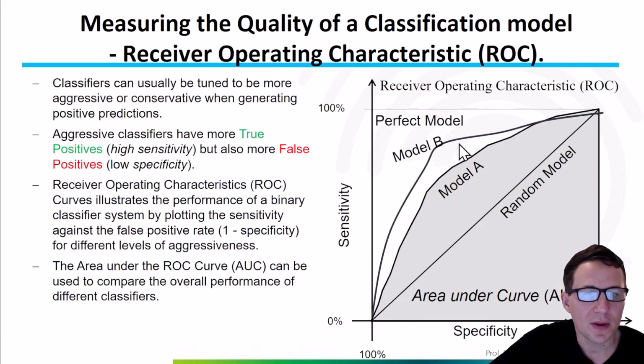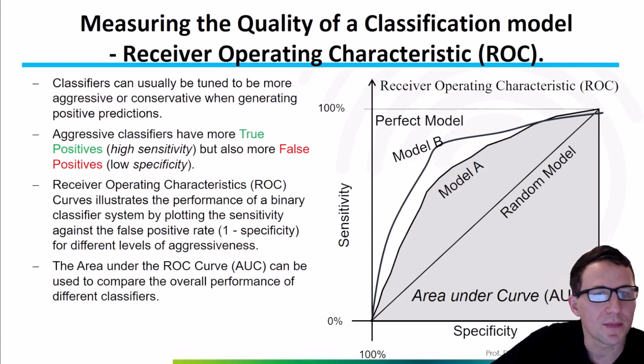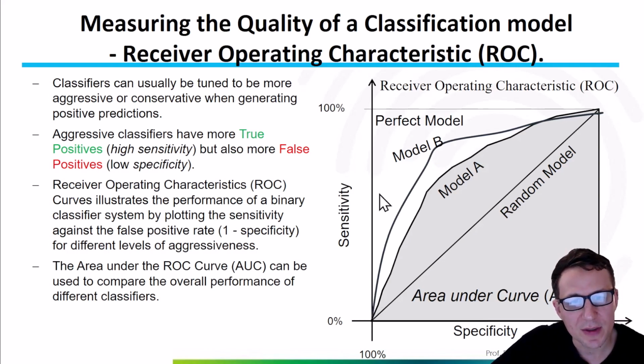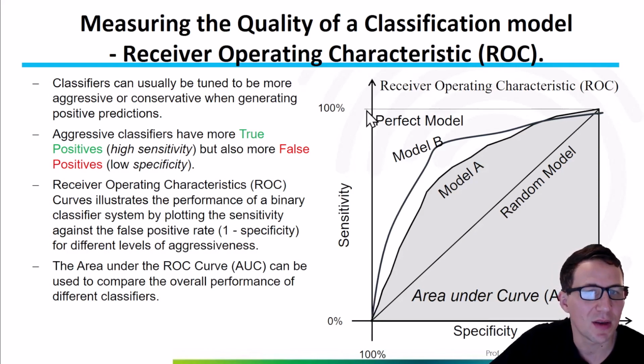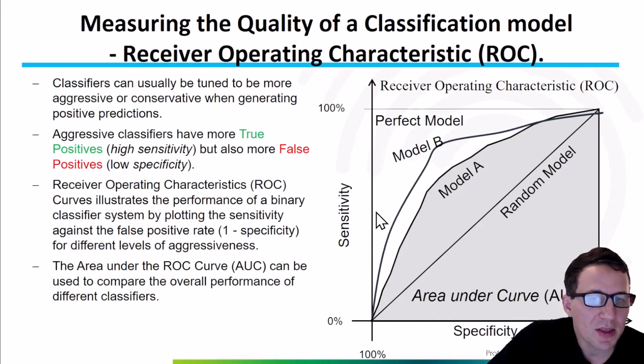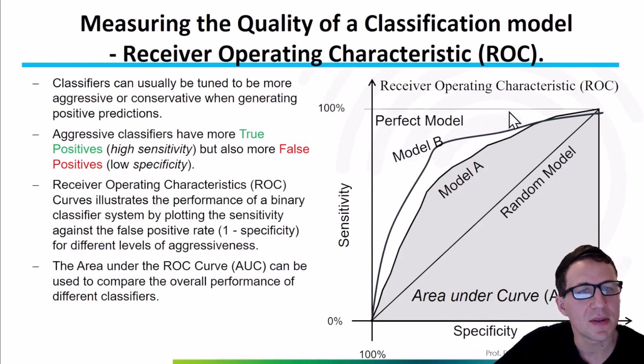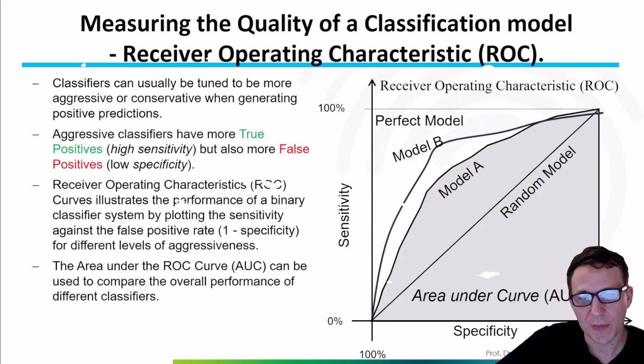And therefore, you get a higher area under the curve. And in total, this would be a better model. A perfect model would be shooting up right here. It would give you 100% specificity and 100% sensitivity. Or a very excellent model would be very close here, and would give you an AUC of close to 1.